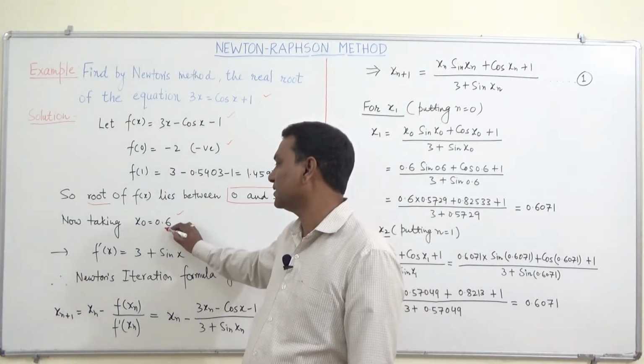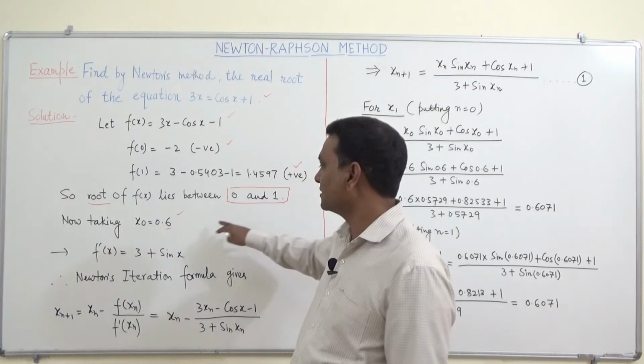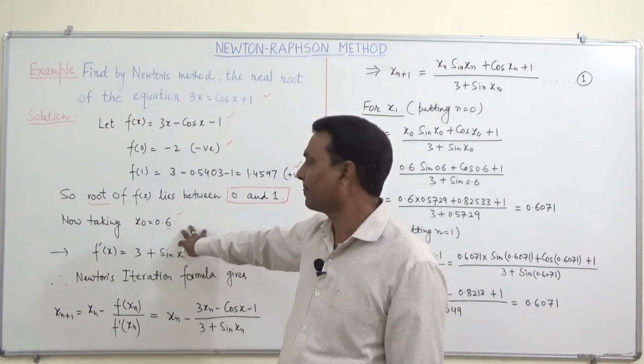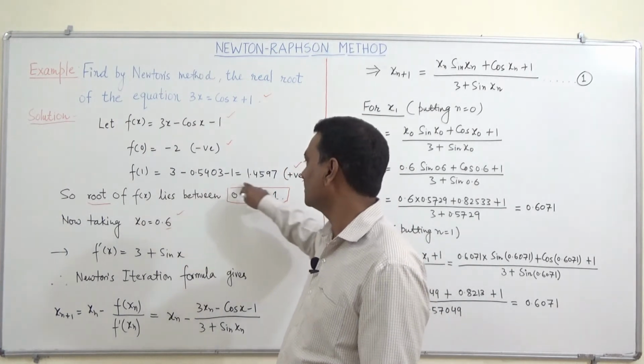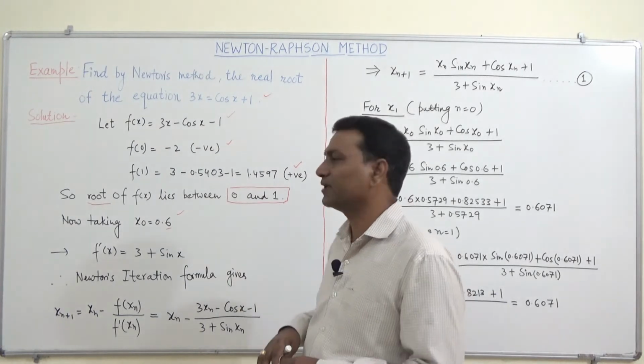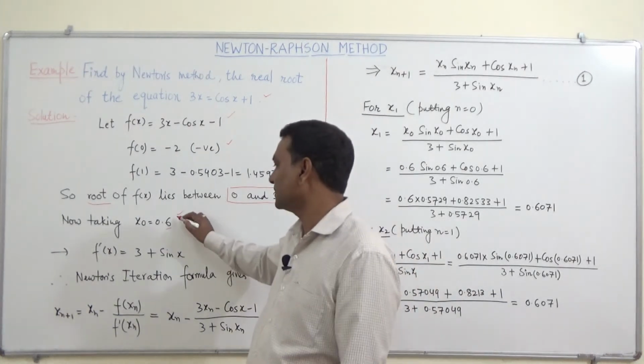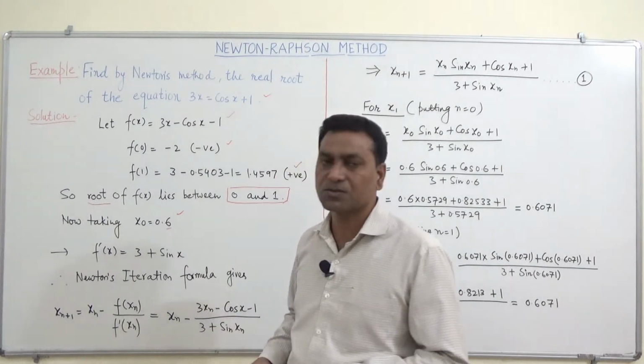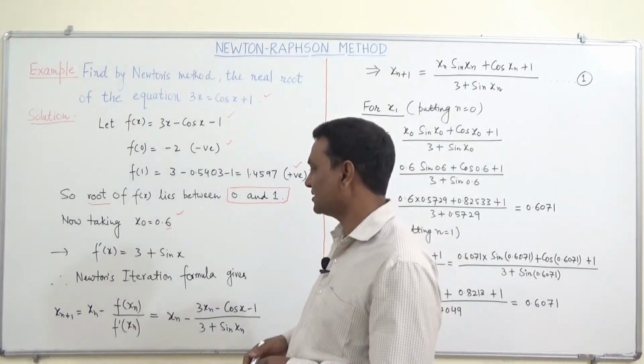We have taken 0.6 because this will be near to 1, because here we are getting 1.4597. That's why we are taking x0 equals 0.6. So this is the assumption.